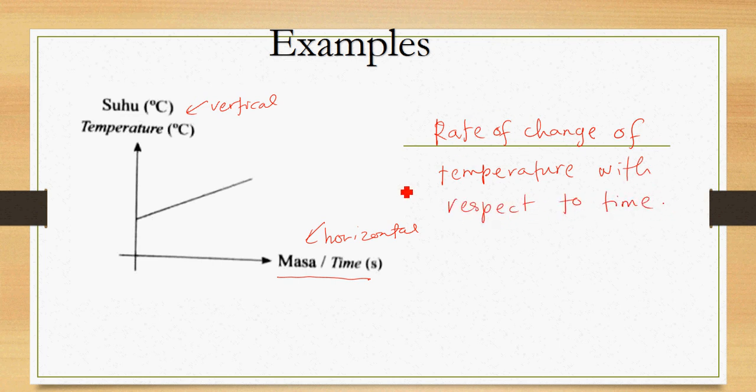So you are checking the rate of change of temperature when the time increases. You will see that the temperature increases, right? The temperature increases because the graph increases, right? So the temperature increases according to time. So what is the rate? If you want to know the rate, you must calculate the gradient.